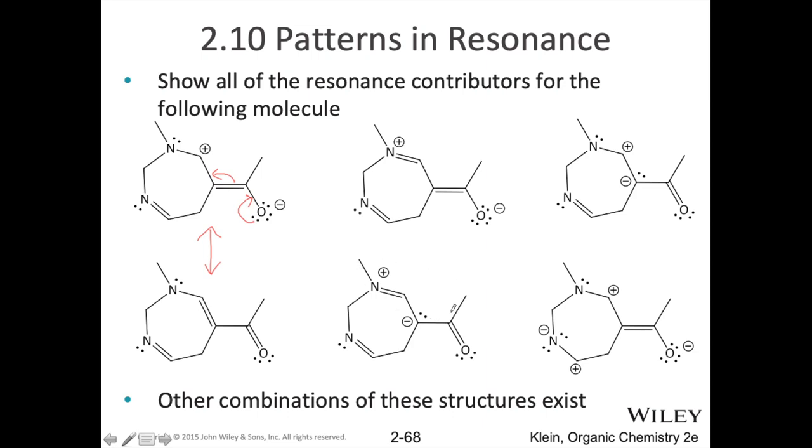We could have these electrons swing from this resonance contributor. Okay, if we combine this resonance contributor and this one, we make this contributor here. Notice that we've got this system here where these electrons have formed this pi bond and this ammonium ion.